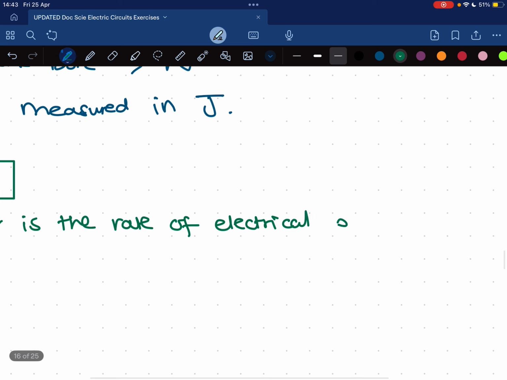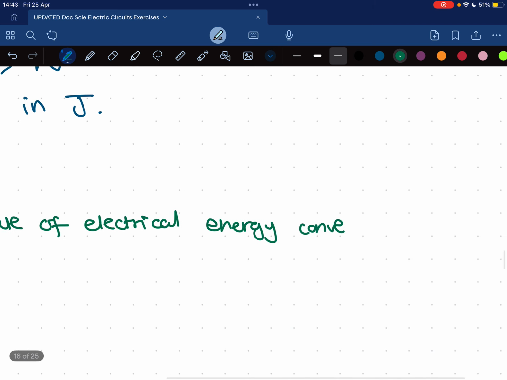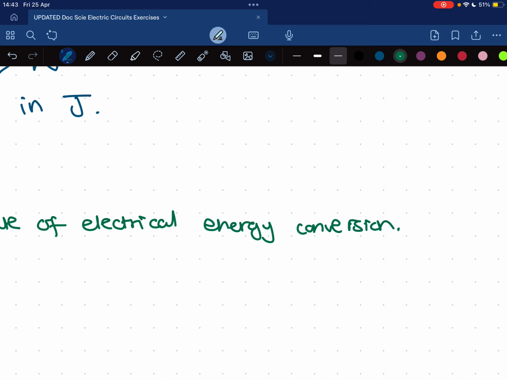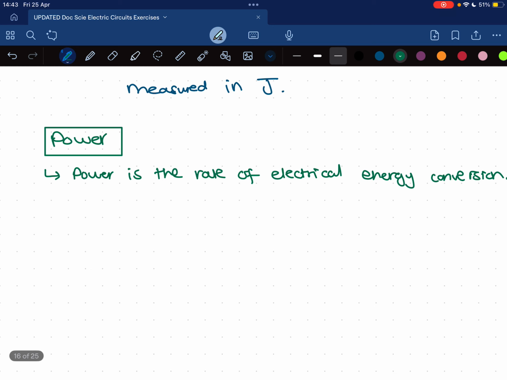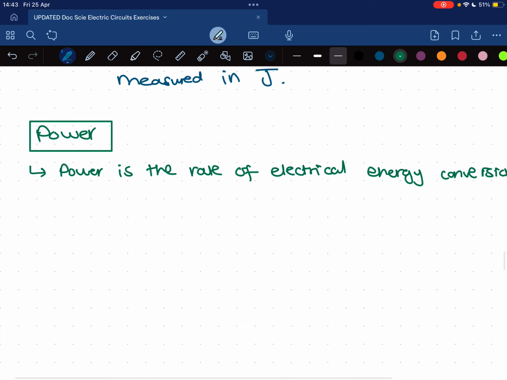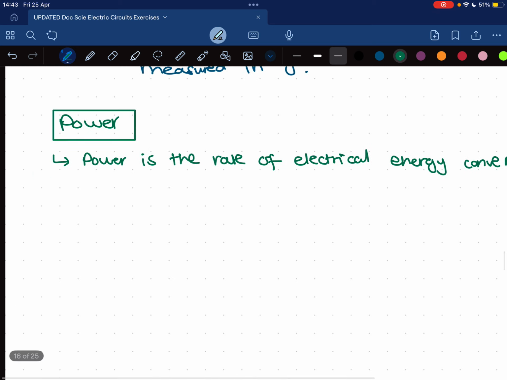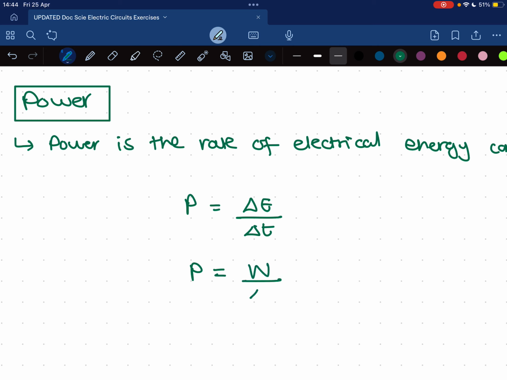Electrical energy conversion. So we are looking at the time it takes for that energy to be transformed into something else. So mathematically, we would say that the power is equal to the energy conversion over a change in time, or in other words, it would be equal to the work over time.